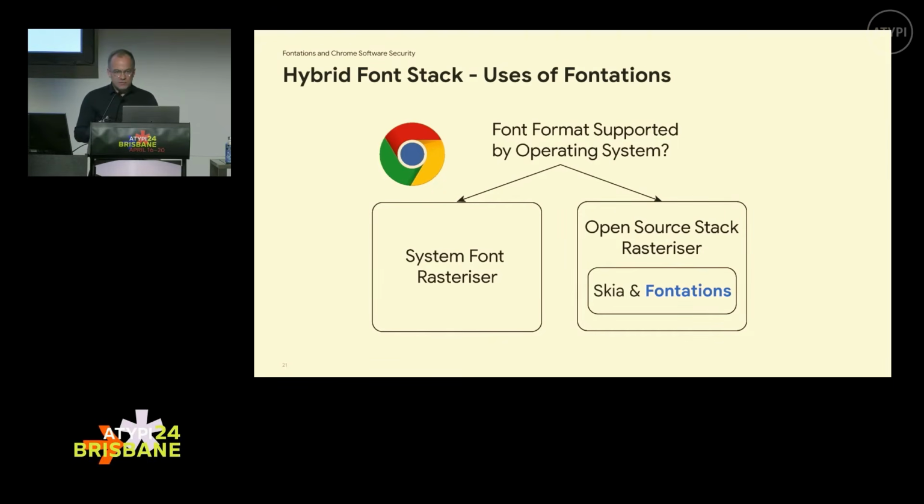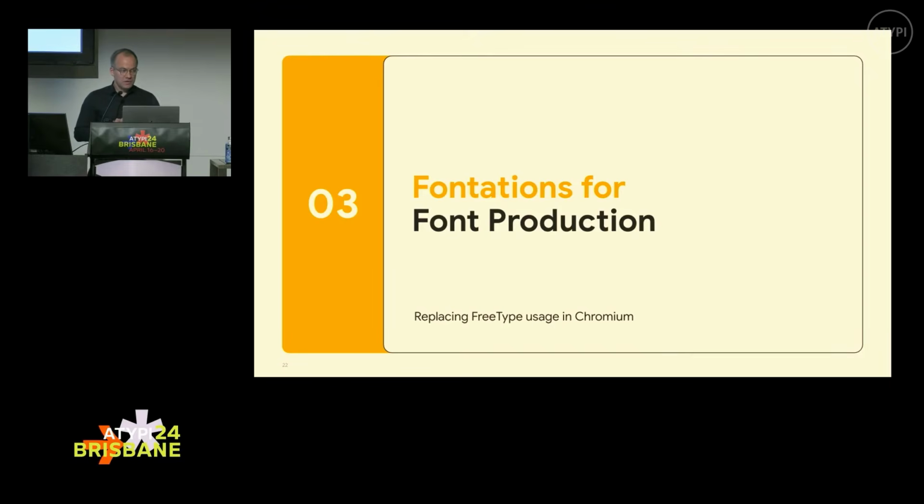And in the case of Android and Chrome OS, the system rasterizer is Fontations directly. So this was the in-depth explanation of how we're using it in Chrome.